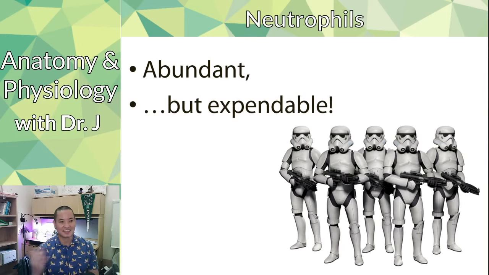I enjoyed the movies, but I'm not like my friends who post Baby Yoda memes all the time. But stormtroopers in the Star Wars movies, if there are mass numbers, they don't have names, or wait, maybe Finn was a stormtrooper. But you have all of these expendable troops, and they get shot by all the lasers, and they just send mass swarms of these. This is another reason why you have a lot of neutrophils: they're produced in mass numbers, they're first responders, but they die pretty easily. So this is why you crank up a lot of them in your body.